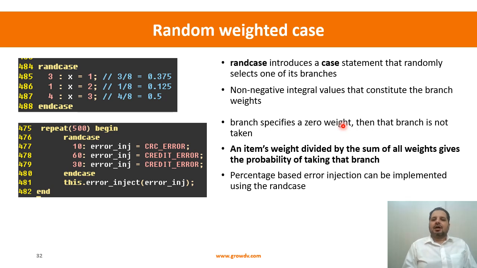Then you can specify a 0 weight instead of commenting it out, and that particular branch will not be taken. One of the very popular use cases for randcase that I have seen is percentage based error injection in certain implementations of verification IP. Say you have a protocol and you are trying to implement different errors, and you want to pass the percentage with which those errors need to be injected. As we have discussed in the past as well, there can be multiple errors that can be injected.